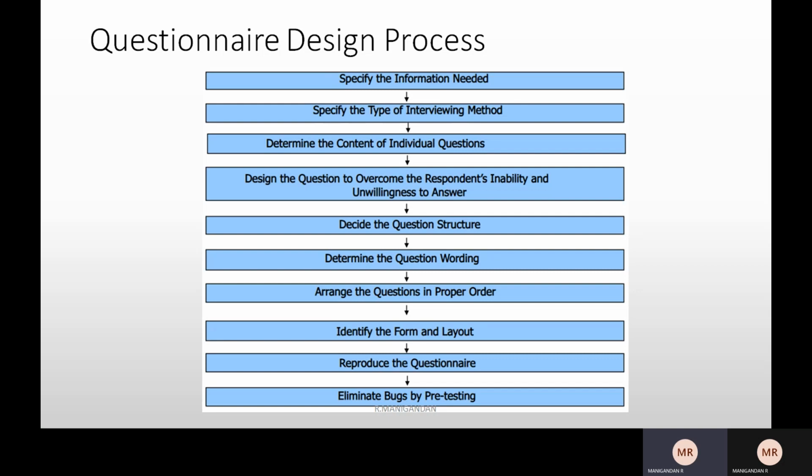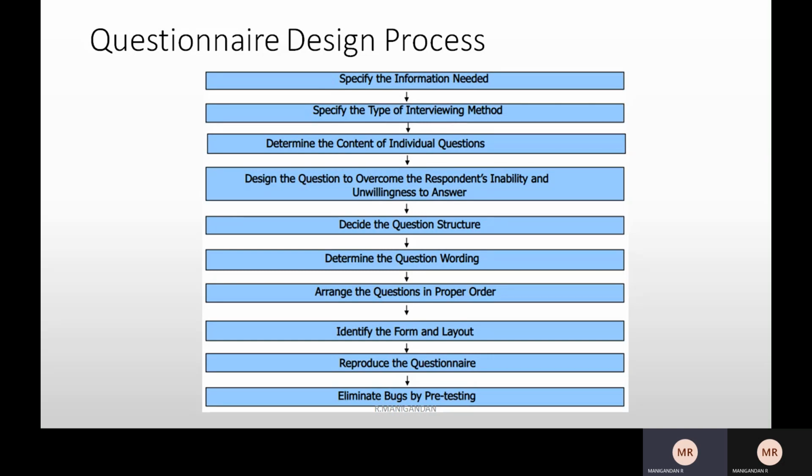And next thing is identify the form and layout. Which form can I use, for example, Google Form. Most people use Google Forms to share with many groups through social media. Then reproduce the questionnaire. Reproduce means checking whether there is any error. You can check it, finalize the questionnaire and finally send it to your social media.